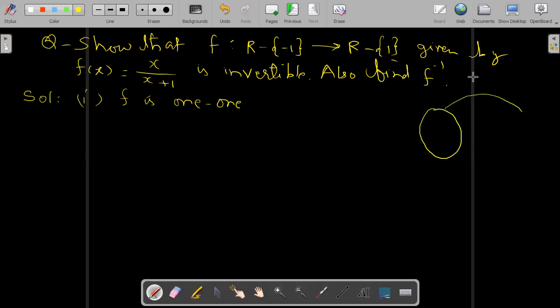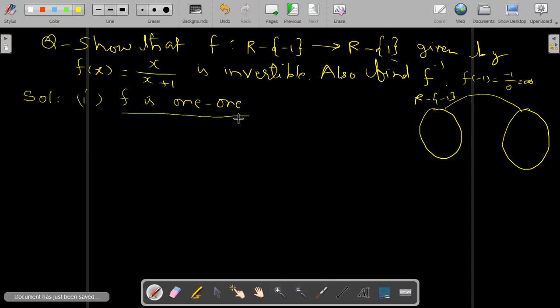If you put minus 1, this becomes minus 1 upon minus 1 plus 1, which is 0, infinity. Infinity we cannot put here, so that's why this is R minus {minus 1}. And here also we don't have 1 because 1 will not come from any number. So f is 1-1.